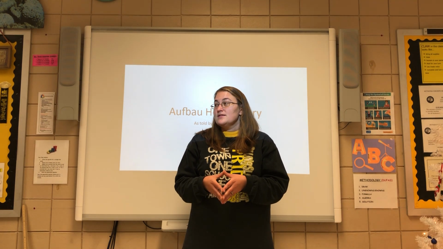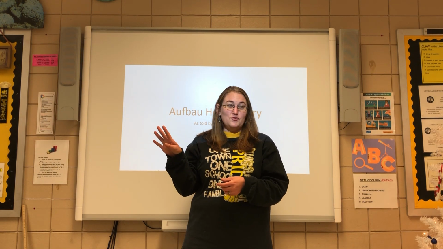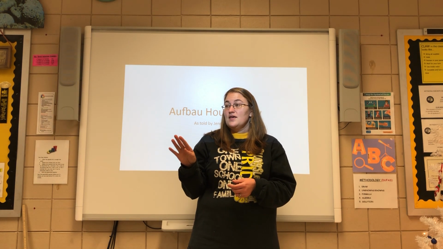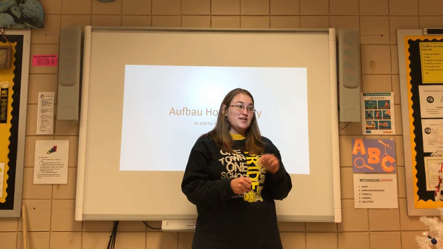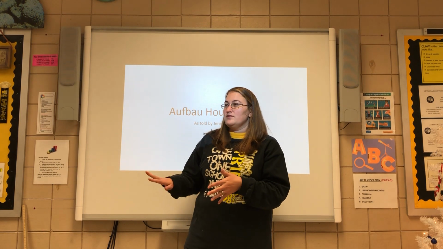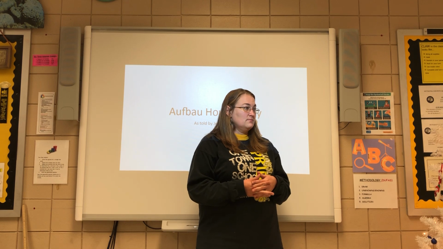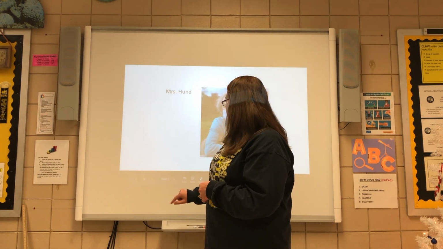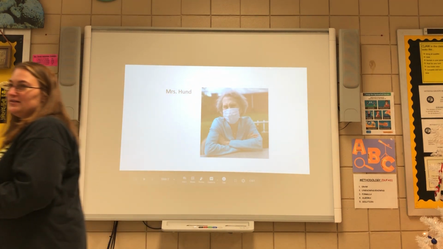Okay? So, there were 4 types of rooms in Mrs. Hund's dorm. So, on the first floor, she had just one room because she used the rest of the floor for her living space. Okay, so she just had one room on the first floor. Now, let me introduce you to Mrs. Hund. That's Mrs. Hund.